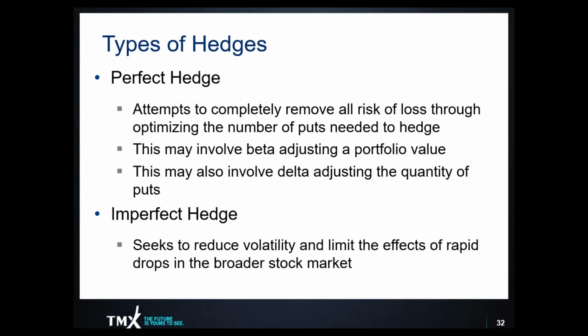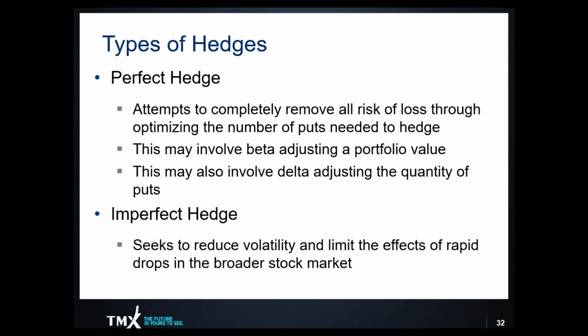You may also have to look at what's referred to as beta adjusting a portfolio. If you have a diversified portfolio, that portfolio is going to track an index to a certain extent, but not perfectly. And so you may have to determine the beta of your portfolio, and then subsequently choose the number of index options that will effectively hedge out the risk associated with your portfolio's movements comparative to the underlying index.